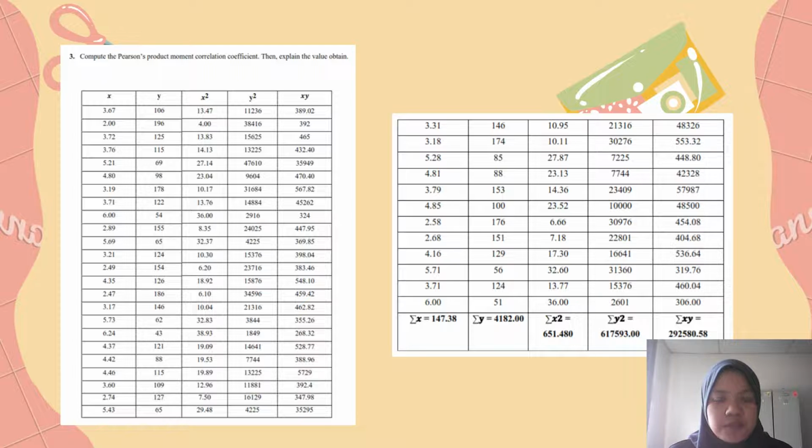Let the sum of x equal 147.38. The sum of x squared equals 651.480. The sum of y equals 4182. The sum of y squared equals 617593. And the last one, the sum of xy equals 292,580.58.